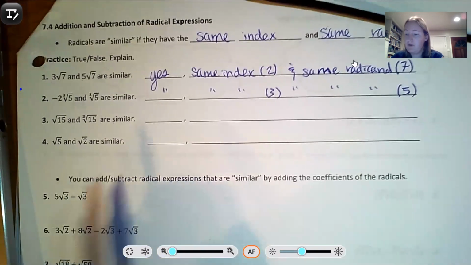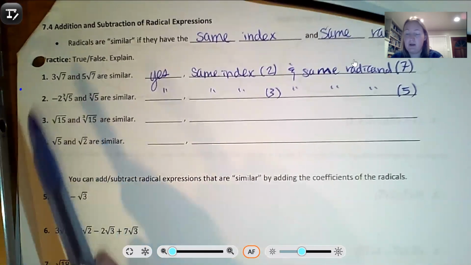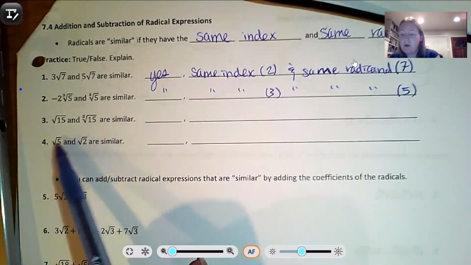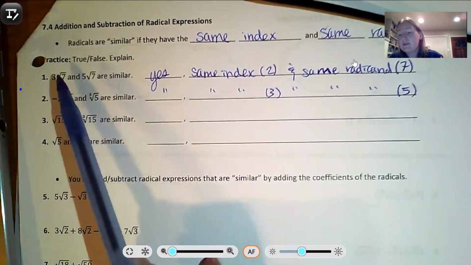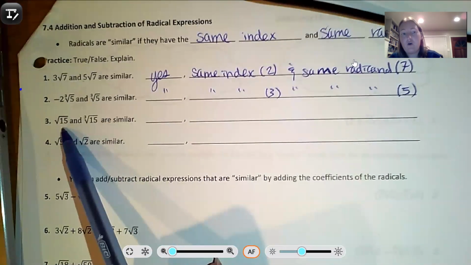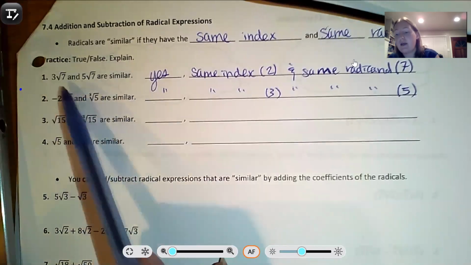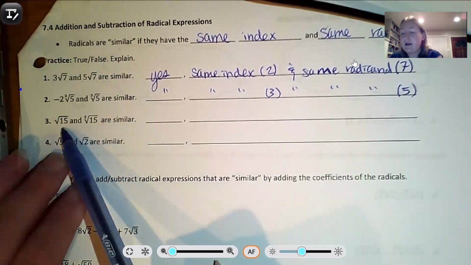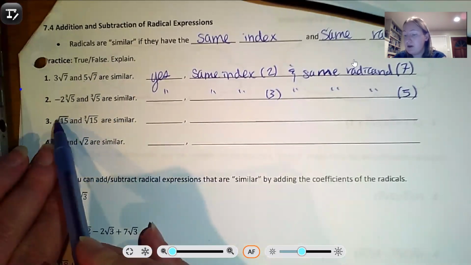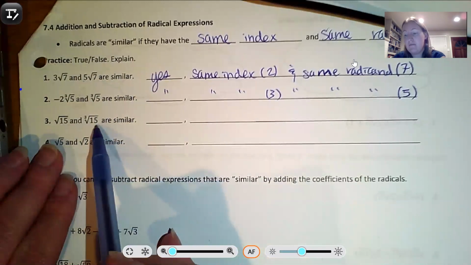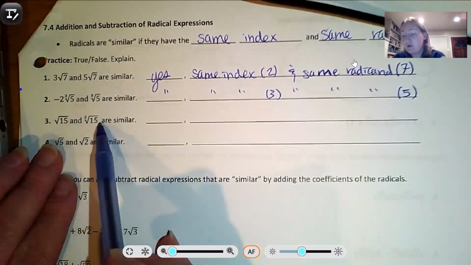Number 3, square root of 15 and cube root of 15, are they similar? Well, one thing you want to do when you're checking is make sure your roots are as simplified as possible. 7, 5, 15 have no square or cube. They don't have an nth root. It can't be simplified any further, so it's easy to determine. They have different index, and although they have the same radicand, they do have different index.